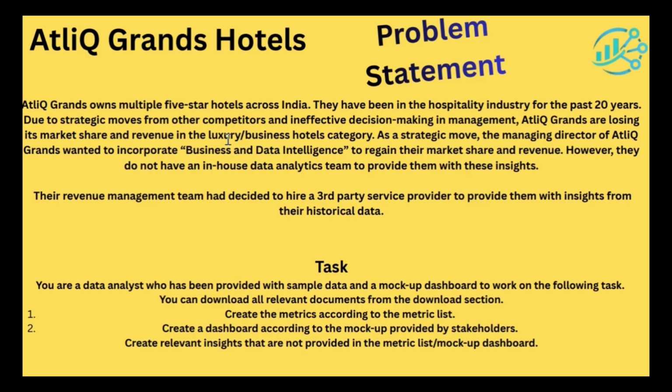As a strategic move, the managing director of Atliq Grands wants to incorporate business and data intelligence to regain their market share and revenue. However, they do not have an in-house data analytics team to provide them with these insights. So their revenue management team has decided to hire a third-party service provider to provide them with insights from the historical data.